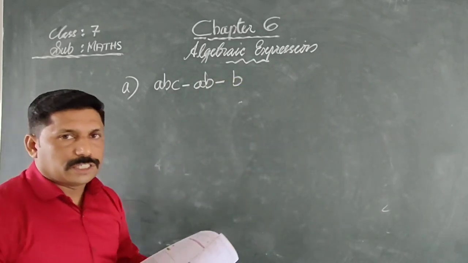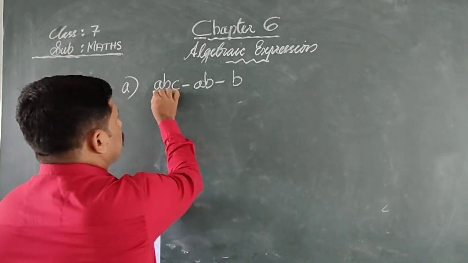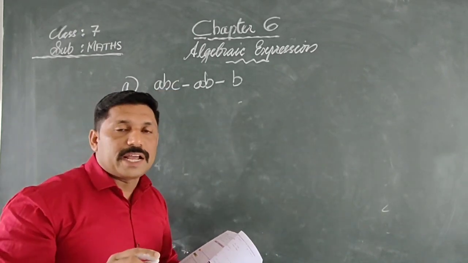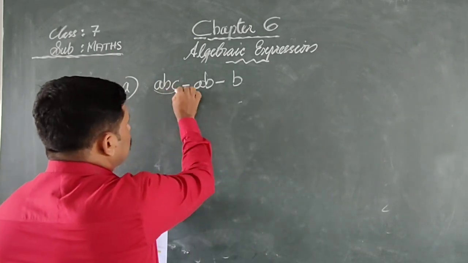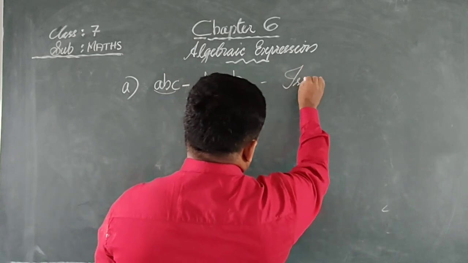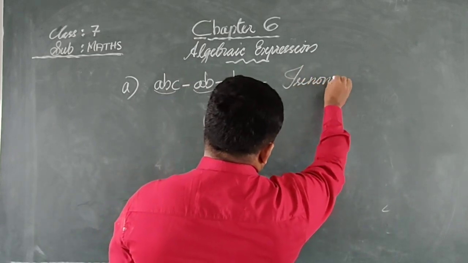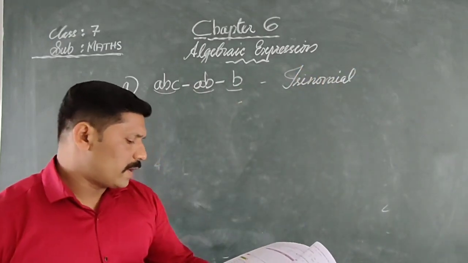What type of expression is this? Whether it is monomial, binomial or trinomial. Here we are classifying the algebraic expression into different categories on the basis of the number of terms: 1 term, 2 terms and 3 terms. So it is a trinomial. First one is a trinomial.